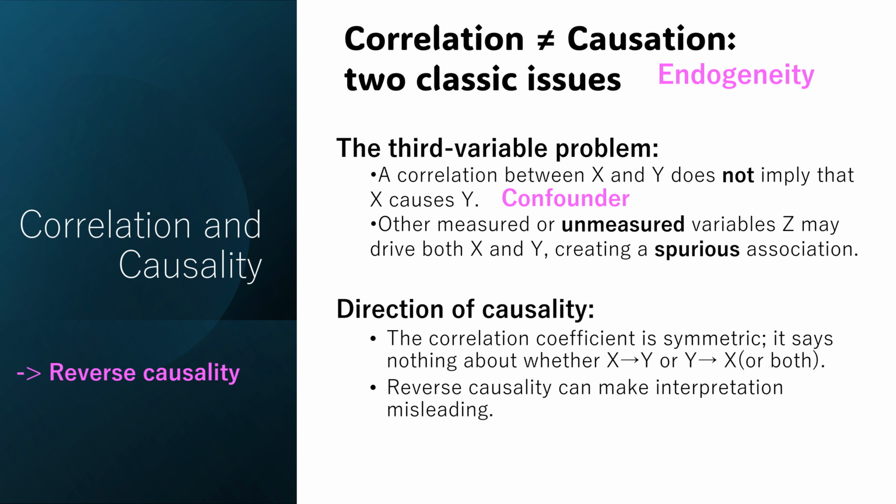A hidden variable can drive both x and y, creating a spurious correlation. And for the direction of causality, even with a strong R squared, you cannot tell whether it is x to y, y to x, or both.